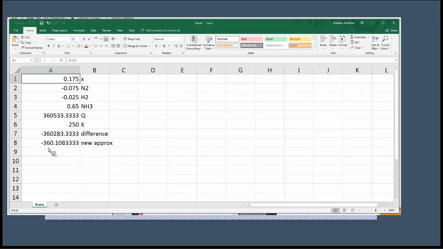So I'll go back to what I had before, 0.06, and go back down here to this formula and make the quotient divided by an even larger number, 10,000 instead of 1,000. So my new x now becomes 0.0715. I'll put in 0.0715.